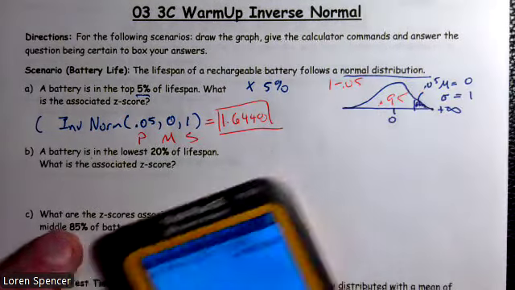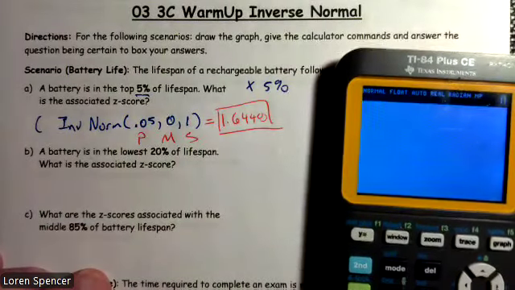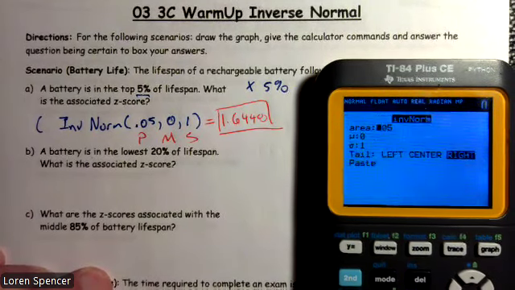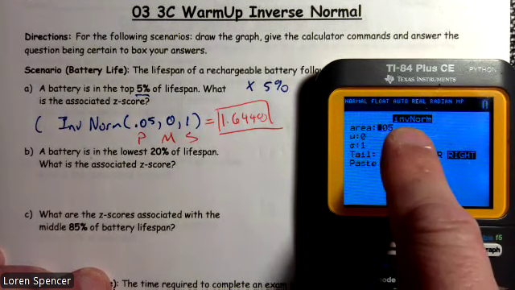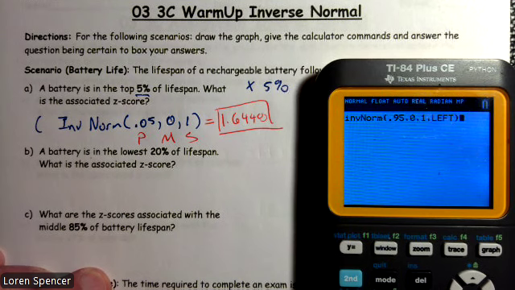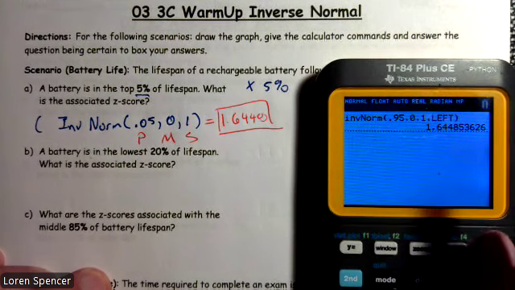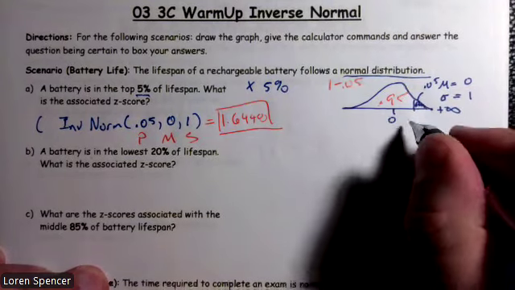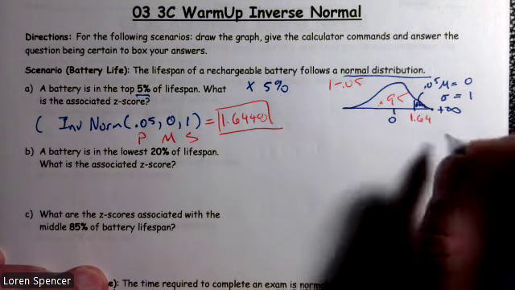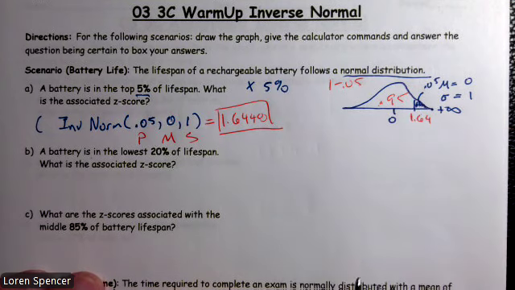So if your calculator is forcing you to come from the left, you're going to go second vars, inverse norm, and you're going to change your area, your probability, to 0.95, and your calculator will have the left. And so you still get the same thing. And that makes sense that we'd have a positive z-score because we are above the mean. Since we're above the mean, we should have a positive z-score.